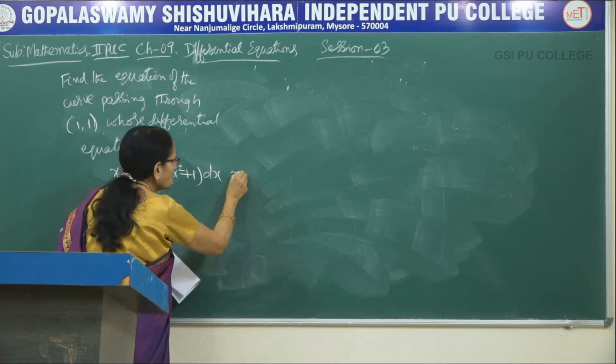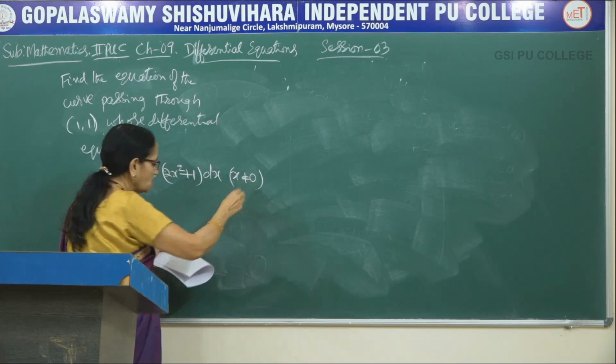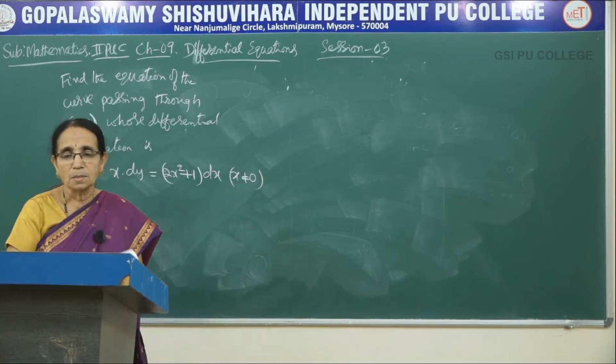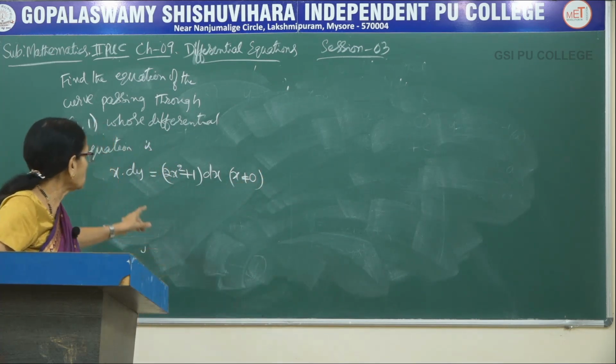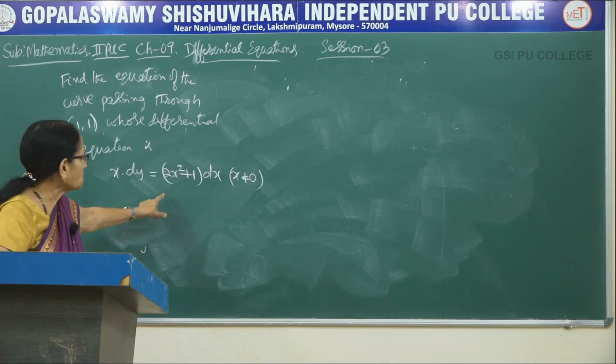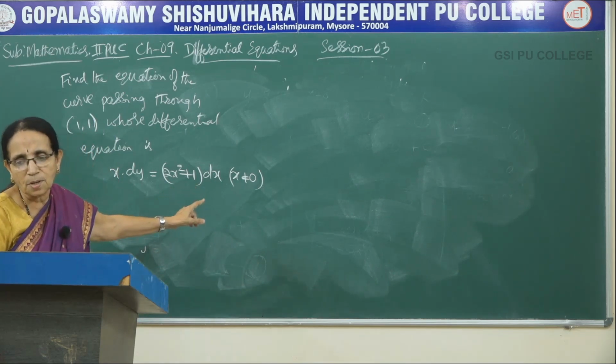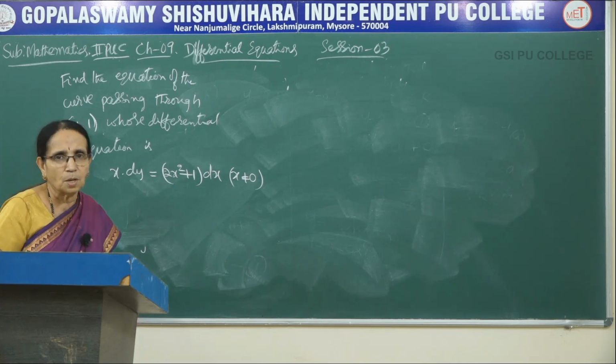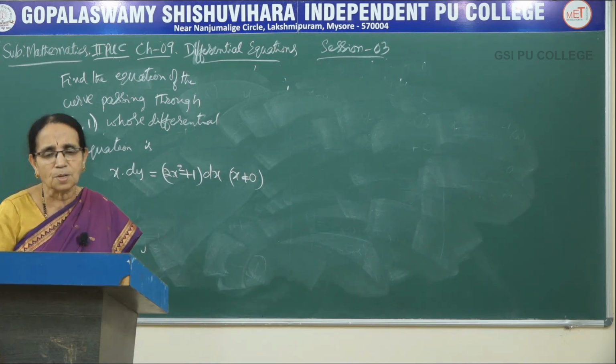Of course, one condition is given, x is not equal to 0. So, x into dy equal to 2x square plus 1 into dx here, x being not equal to 0. It can take any other value but for 0.